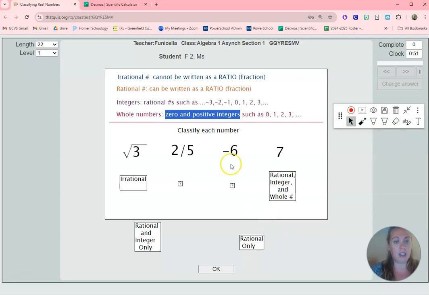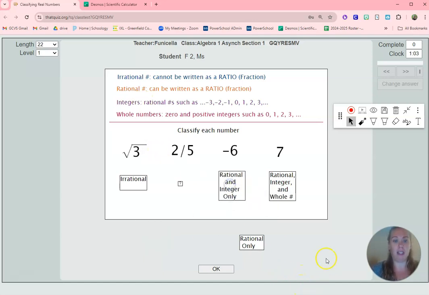And -6 is an integer. So integers are rational numbers that are all whole numbers, but also we include negative numbers as an integer. So -6 is rational and an integer, which means 2/5 is just rational. It can be written as a ratio, but it's not an integer or a whole number. And when you're all set, you can hit OK.